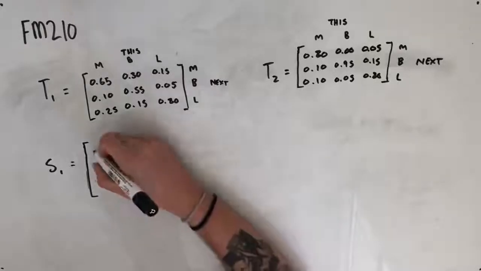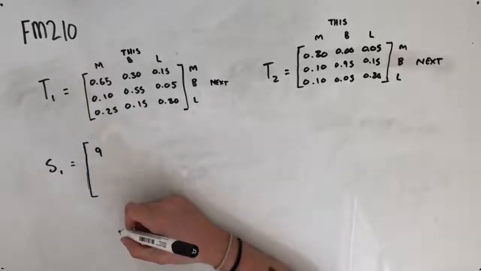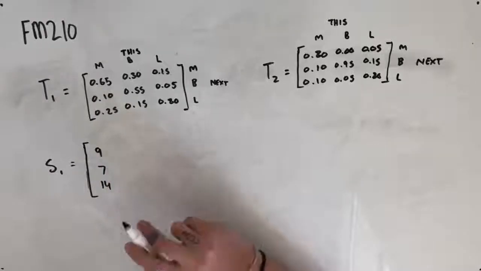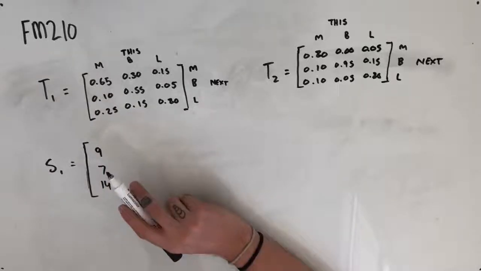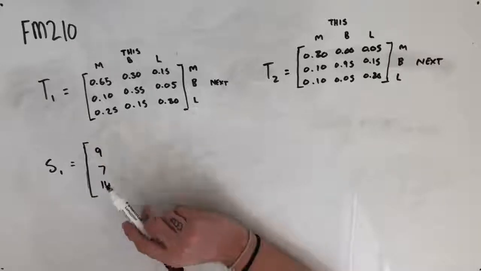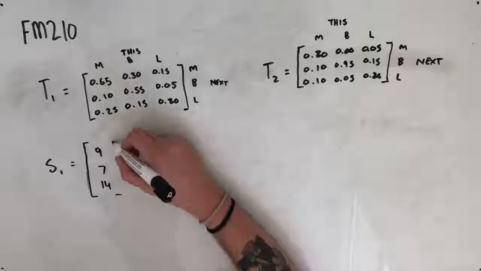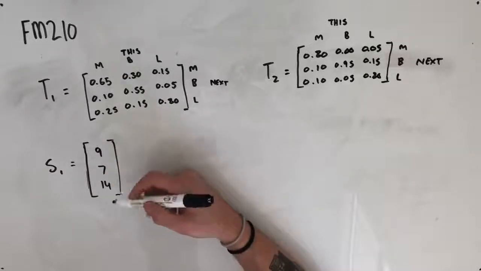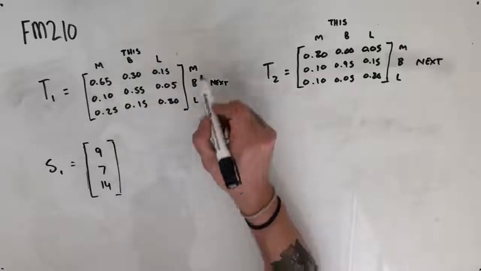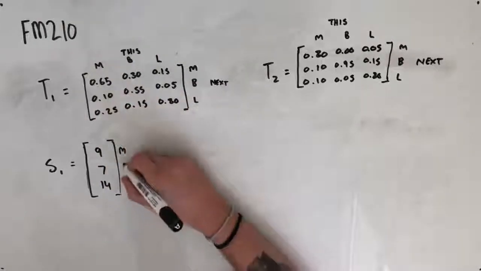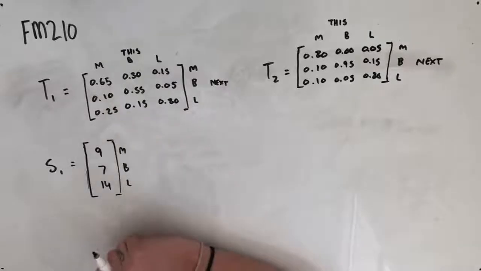But we know that this is vertical and it goes 9, 7, 14, because we're told that 9 players have mullets this year, 7 players have buzz cuts this year, and 14 players have long hair. And we want our initial state matrix to line up properly with our transition matrix, so we want it to be in the order M, B, L.